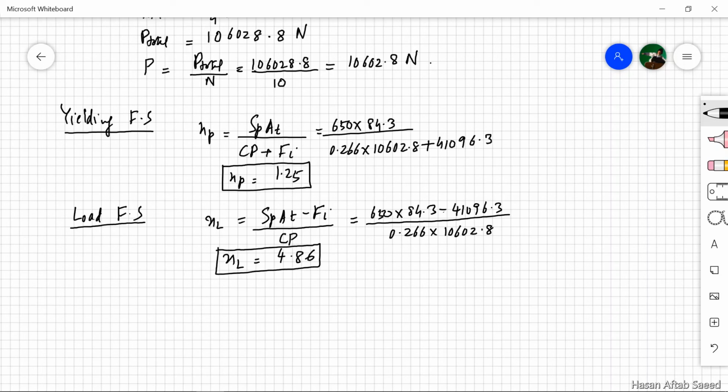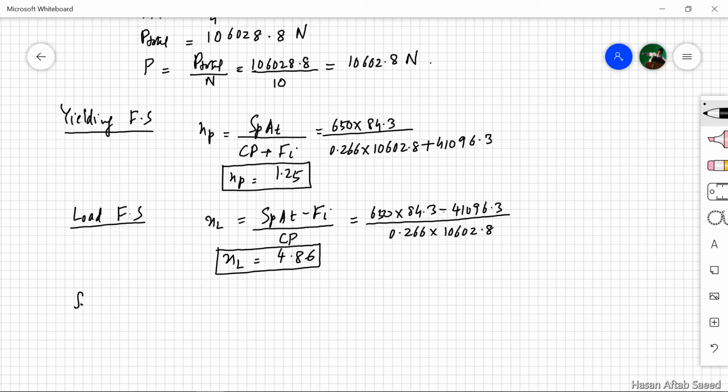The difference between this NP and NL, of course, is that NP is applied to the complete stress, that is the stress caused by P as well as the stress caused by Fi. But as far as this load factor of safety is concerned, this only applies to the applied load. It considers the preload as something that is there.